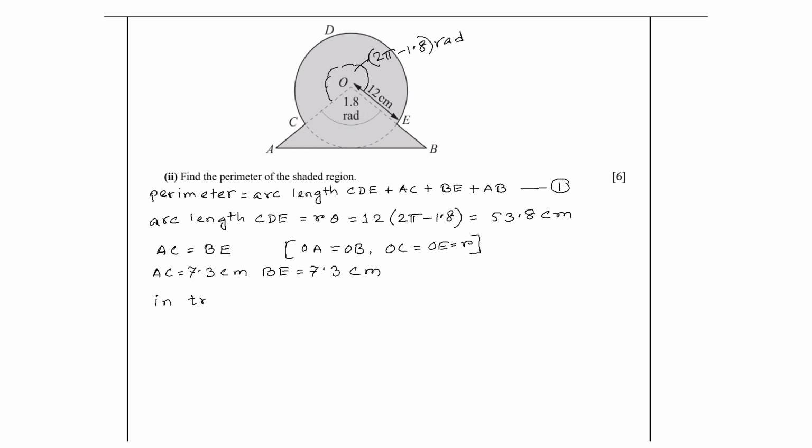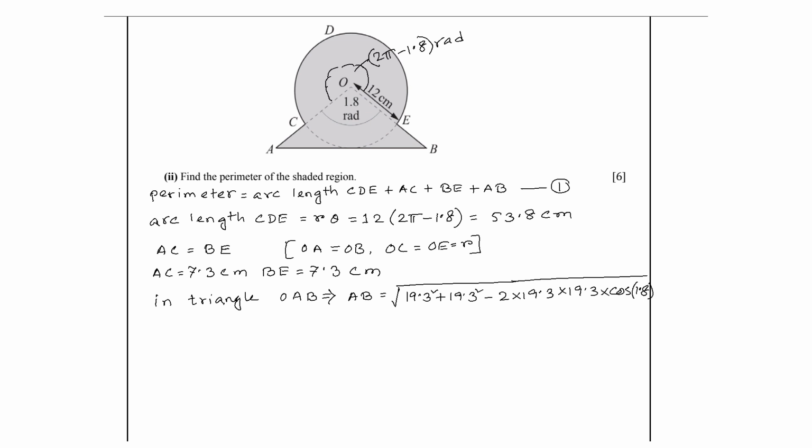So in triangle OAB, using the cosine rule, we can write AB equals square root of 19.3 squared plus 19.3 squared minus 2 times 19.3 times 19.3 times cos 1.8.